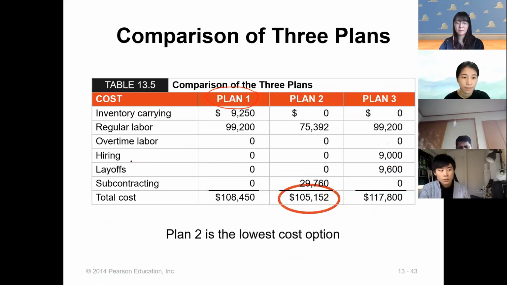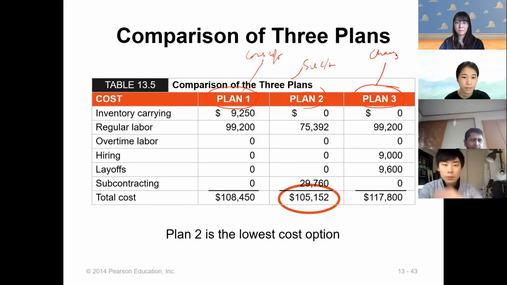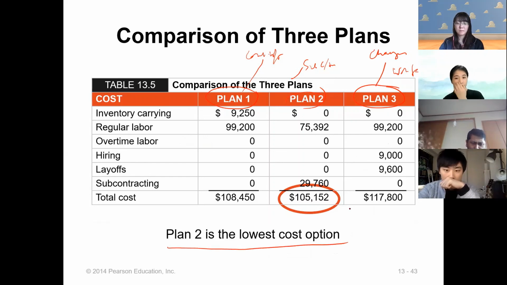So these were the three plans: constant workforce, subcontract, and this is changing workforce. Apparently, for our analysis, for the aggregate plan, the best is to subcontract. In this case.